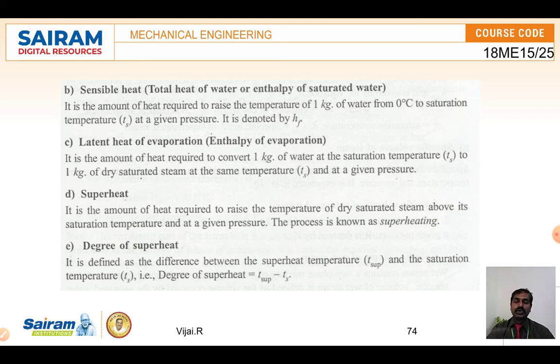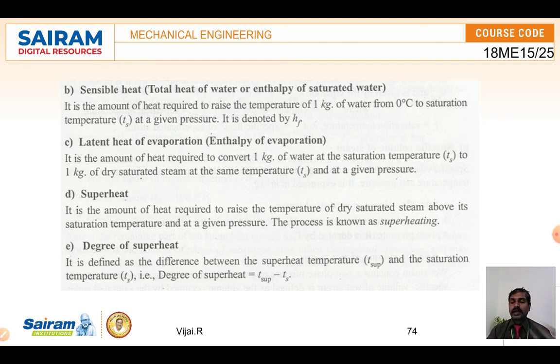So from B to C, the heat taken is the enthalpy of evaporation, the conversion of water at 100 degrees to steam at 100 degrees, the same saturation temperature. This is the heat required to convert water to steam, called the latent heat of evaporation.